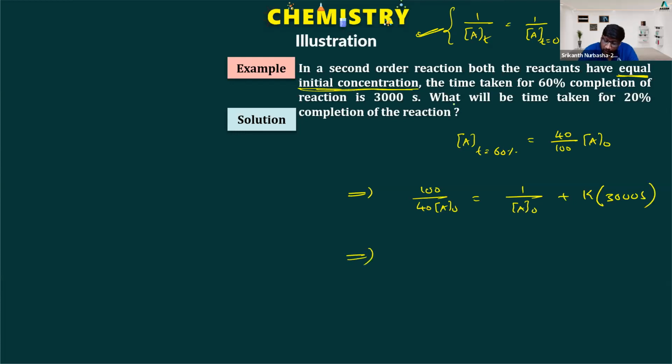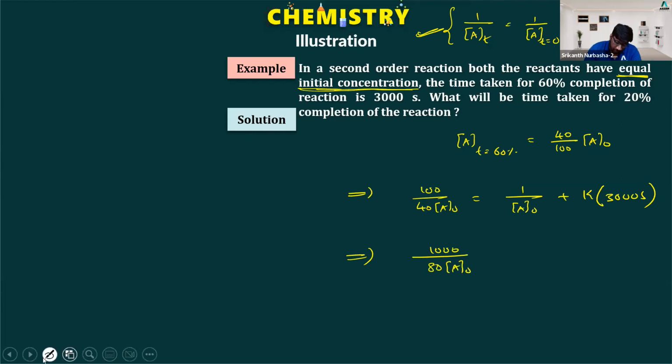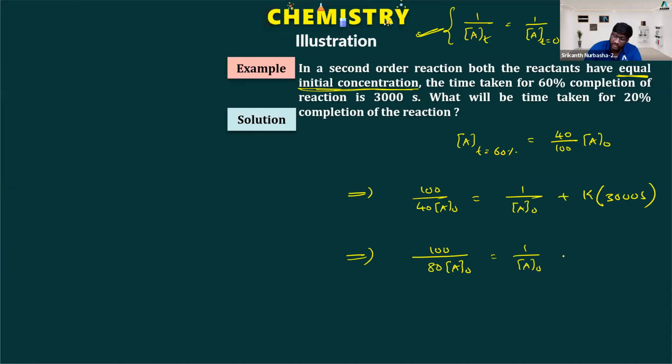And what was the other equation? What will be the time taken for 20% completion? If 20% is done, 80% remains, so 100 by 80 A naught is equal to 1 by concentration of A at time t equal to 0 plus K into some time t. We have to find out this K value.